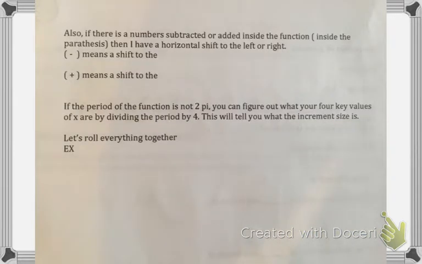Also, if there's a number subtracted or added inside the function, then I have a horizontal shift to the left or to the right. So a negative means actually shift to the right. It's counterintuitive, and the reason for that is because of its definition. And then a plus means a shift to the left. So once again, counterintuitive.